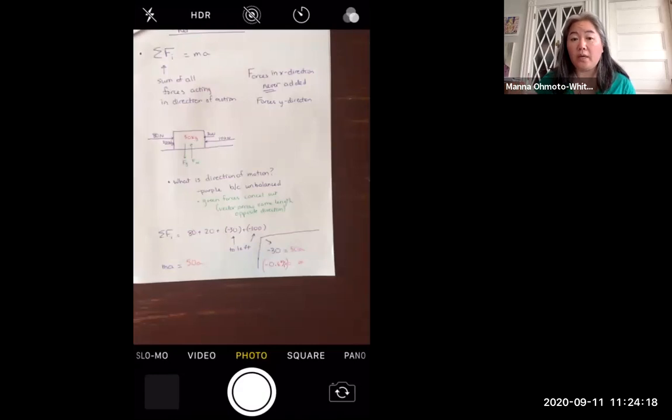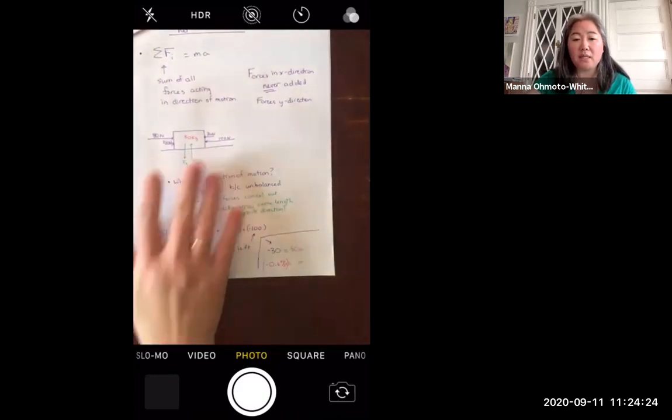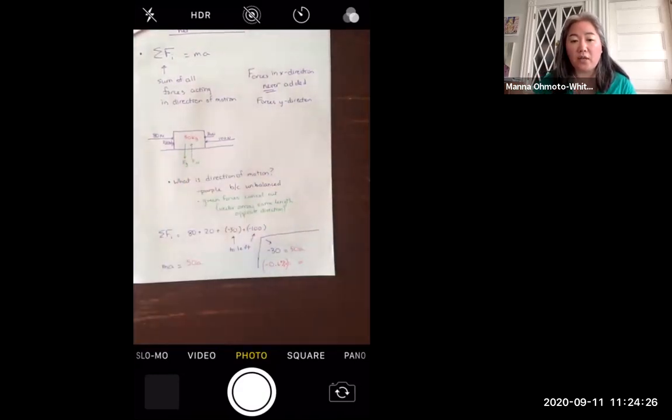So the takeaway, I've got to figure out which axis I'm going to be summing the forces, and it's going to be whatever's unbalanced. Once I figure that out, left is negative, right is positive, down is negative, up is positive. I sum them up, and then I make that equal to the mass times the acceleration. Now in this case, I know the mass, I'm looking for the acceleration.